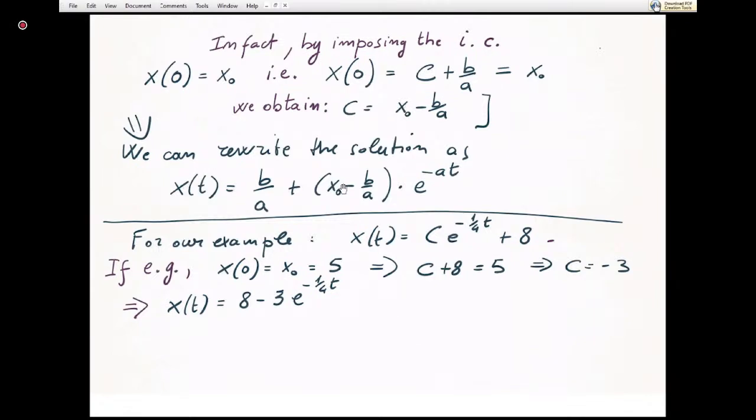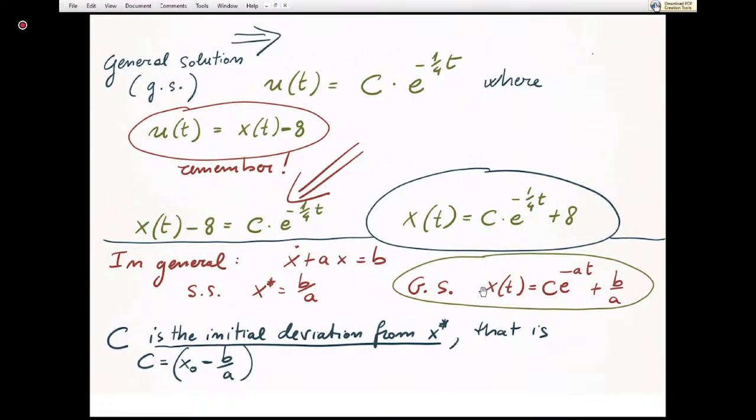I want only to recap what the general solution formula is. The general solution formula is this one: x at time t is an arbitrary multiplicative constant times the exponential of minus at, plus b over a. Now remember that this formula corresponds to a linear differential equation with constant coefficients displayed like this, x dot plus ax equal to b.